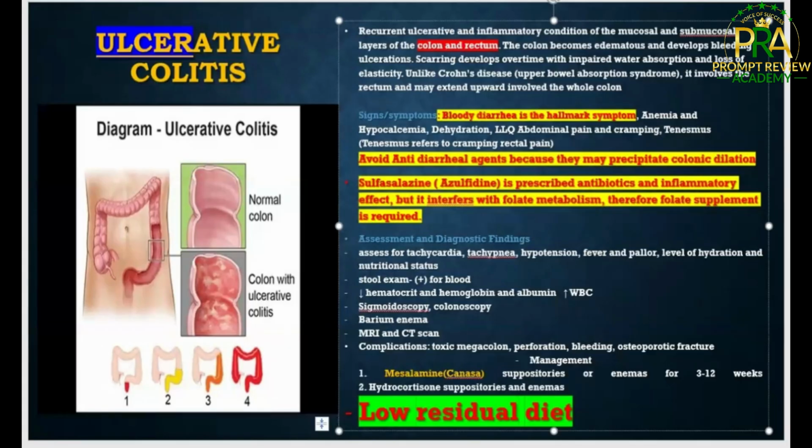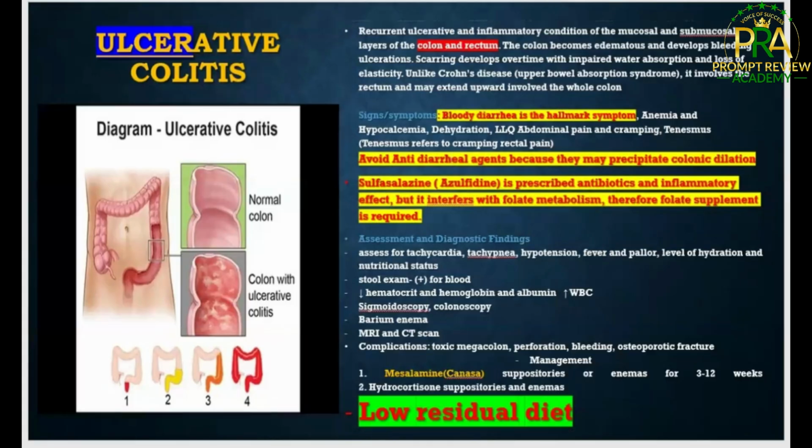Another point, Crohn's disease has a patchy inflammation, like skip lesions. But ulcerative colitis is more of continuous inflammation. Please don't forget that. Crohn's disease happens on any part of the digestive GI.